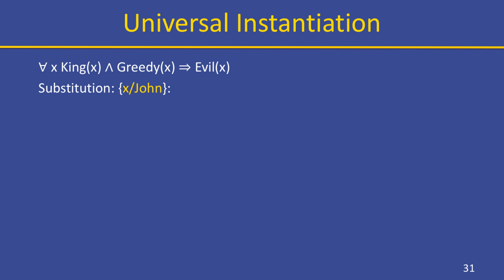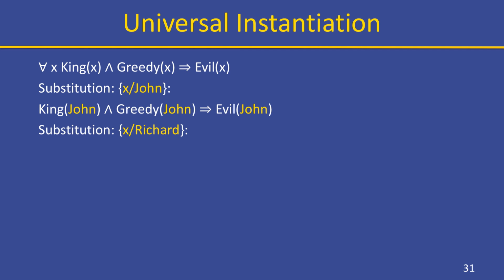We get king John and greedy John implies evil John. We can also apply the substitution x by Richard. So applying that substitution, we get another sentence that's also entailed. And now we know that king Richard and greedy Richard implies evil Richard.